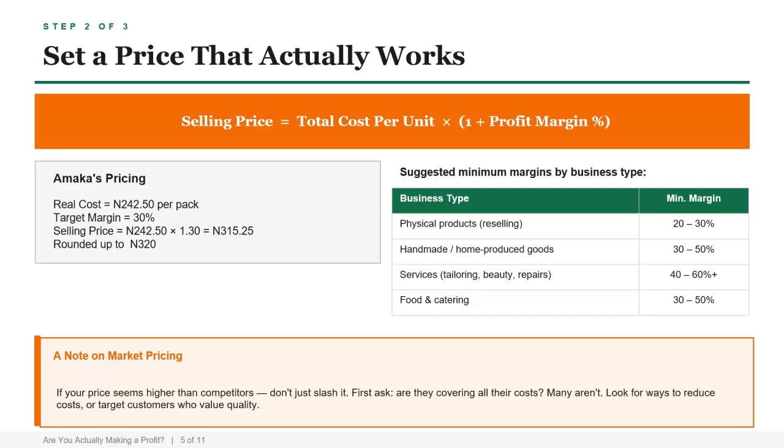If somebody is selling at 200 naira, you need to find out what the cost of producing that is. More often than not, many solopreneurs are not covering their costs, so you have to look for ways to reduce costs or target customers who value quality. Of course, this is simply a simple example to show you what you need to pay attention to in your costing.